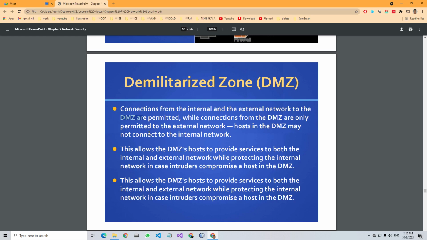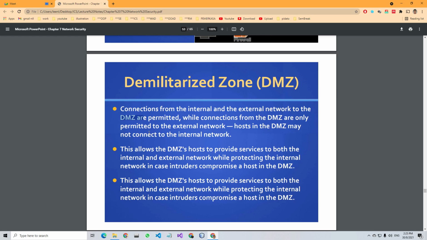Let me rephrase it. This DMZ approach uses a dual firewall configuration. They have two firewalls. One is to block external traffic, and the other one is for the internal network. I'm making it brief so that you can understand.